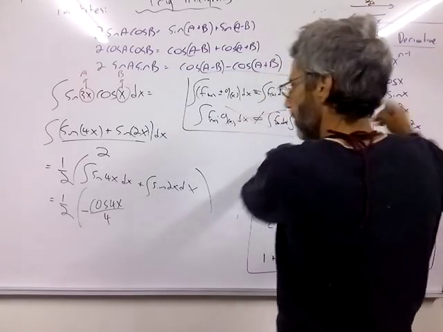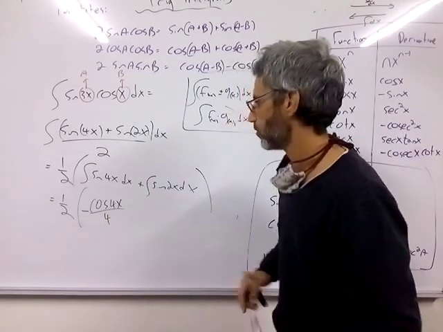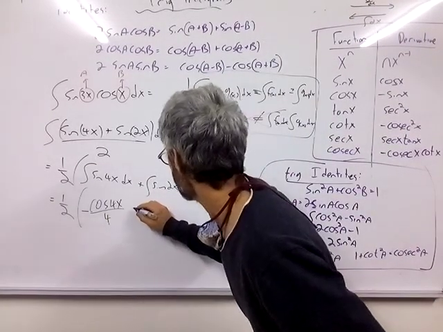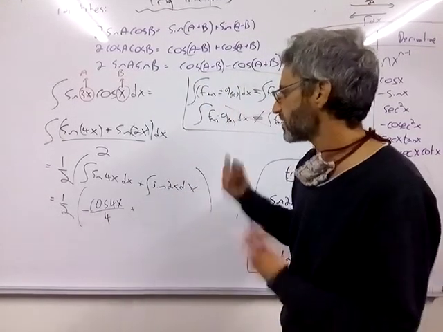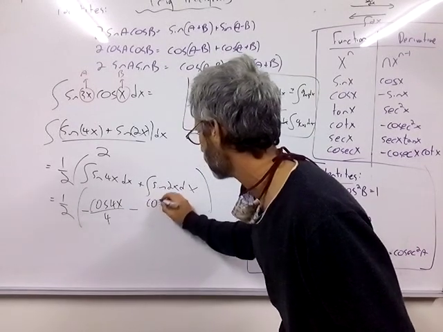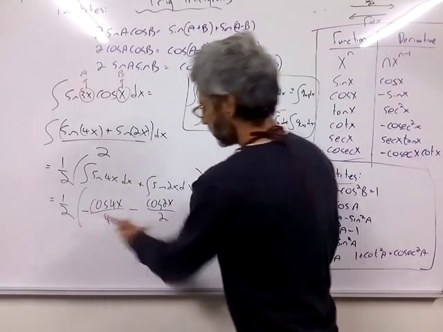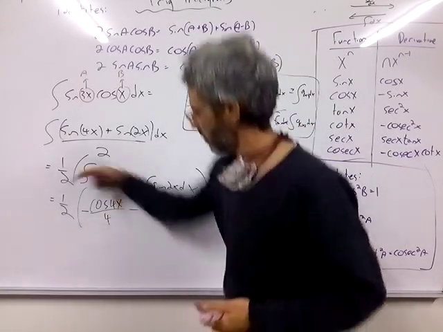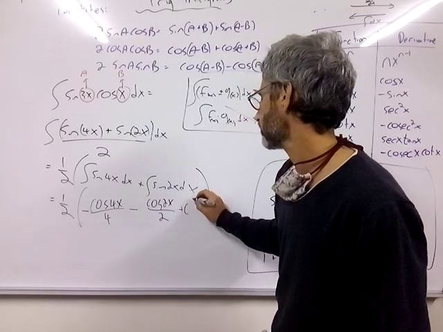So from sine, we're going to get minus cosine 4x over 4. Plus, what will be the integral of sine 2x? It's the same thing, still minus, but this time cos 2x divided by 2. The 4 and 2 are waiting there, because the half is still outside. Plus c.